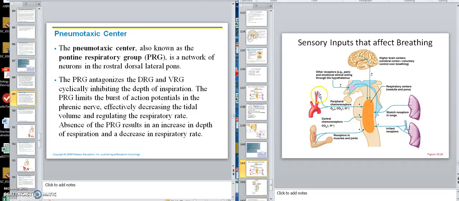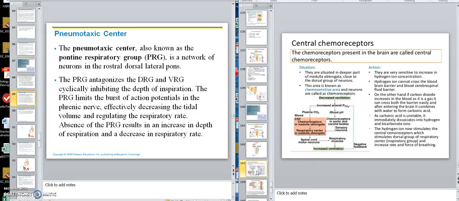So that's where we want to go now. In the chemoreceptors, you have central chemoreceptors and peripheral. We want to address both of those. So I'm going to start first with the central chemoreceptors, okay?